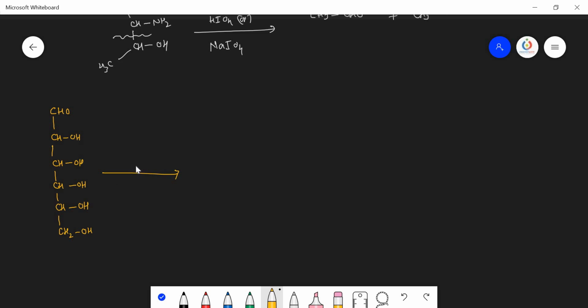Now you subject with the HIO4. To disconnect one link you need one HIO4. So here how many bonds you are going to disconnect? 1, 2, 3, 4, 5. So how many HIO4 molecules do you need over here? 5 HIO4, 5 moles. So they may ask the question, how many moles are required? 5 moles of HIO4.